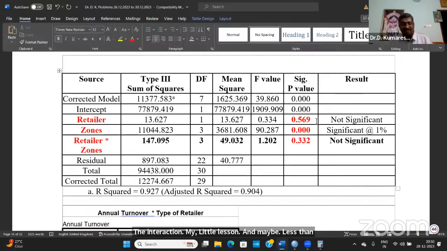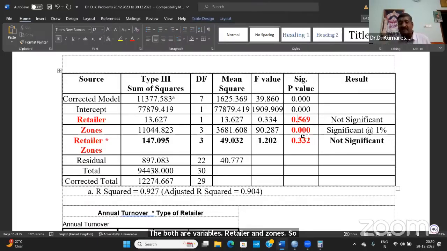In that case, it could have a significant impact. So that interaction is based on both the variables, retailer and zones.